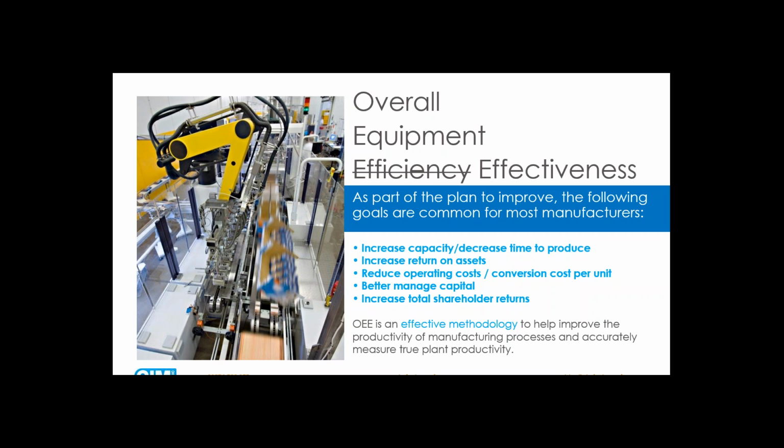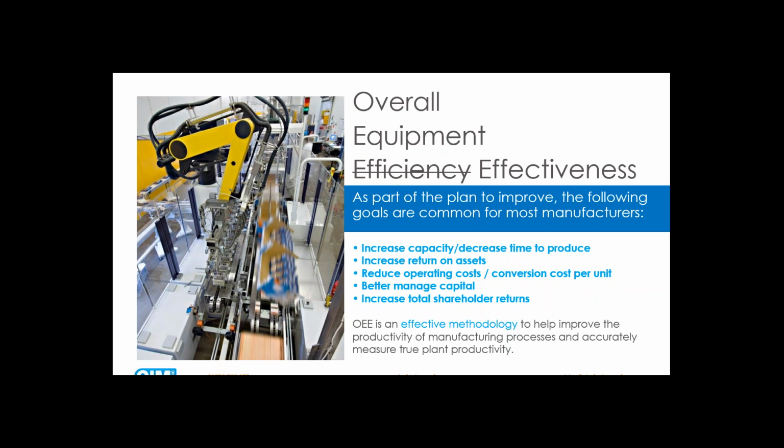So OEE is a very good metric for manufacturing companies to drive the things on the screen. So increasing our capacity, decreasing the time to produce, increasing return on assets, reducing operating costs, reducing labour and overheads, being able to better manage capital using the measure as a justification to purchase other equipment or machinery, and essentially increasing shareholder returns.